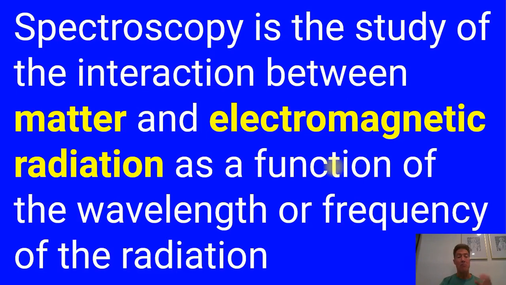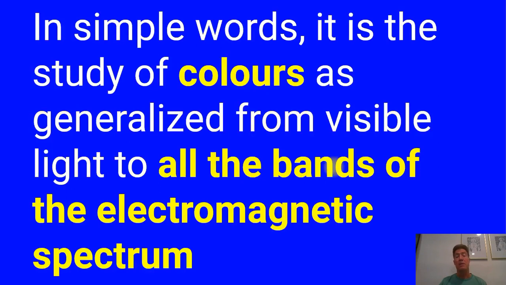And what we do is we bombard matter with electromagnetic radiation, and we look at the results, and those results will tell us what kind of atoms we are dealing with. So basically, we're looking at the colors that come from bombarding something with electromagnetic energy.